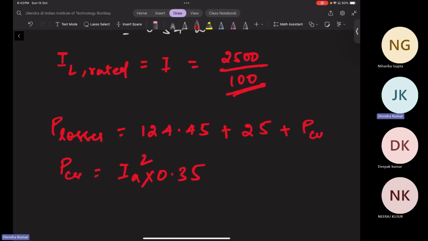So 0.35 IA square, because we don't know IA, right?